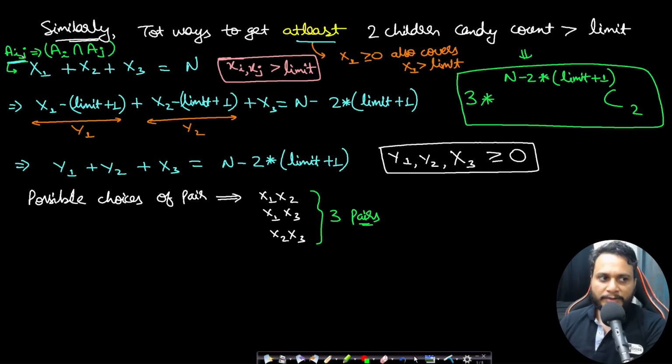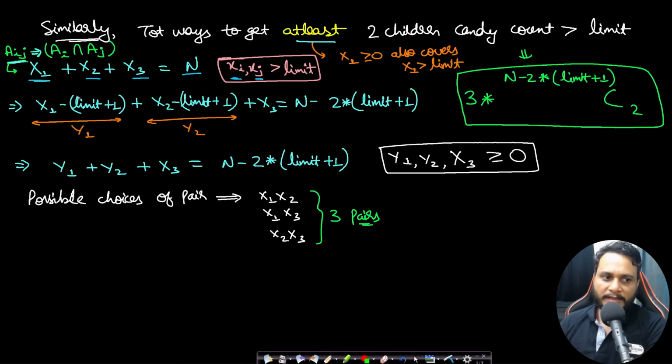Again, we will assume aij representing ai intersection aj, and in this case I know that if I assume x1, x2, x3 as the total number of candies being given to first child, second child, third child, total will be equal to n. Then in this case at least 2 children, ith and jth child, must get the candy count greater than limit.